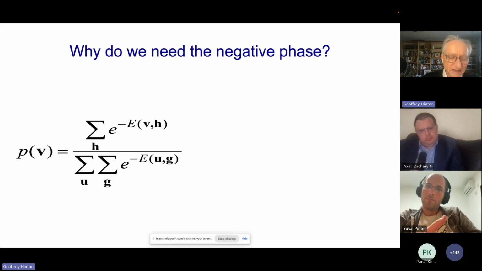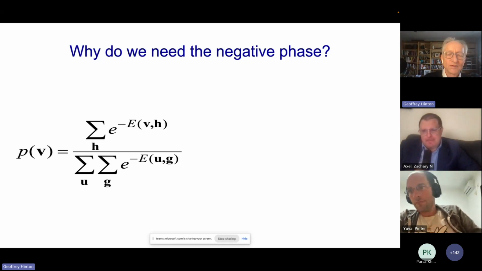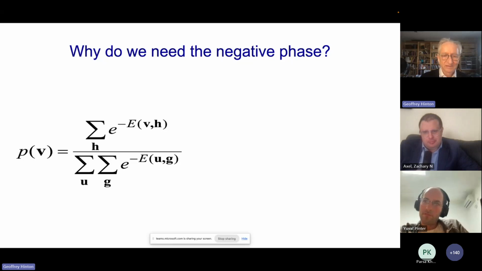The probability of a visible vector is the sum over all hidden configurations of that visible vector on the visible units and any old hidden configuration H on the hidden units. So there's a summation there, normalized by the partition function, which is the sum over all possible visible vectors and all possible hidden vectors of e to the minus the energy of that visible vector and that hidden vector.